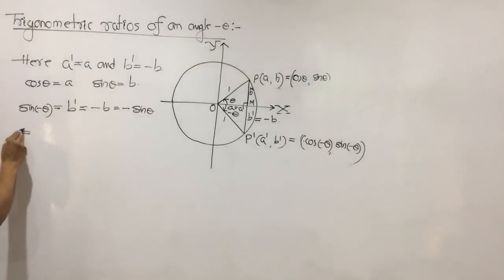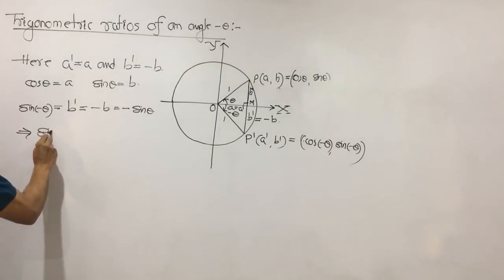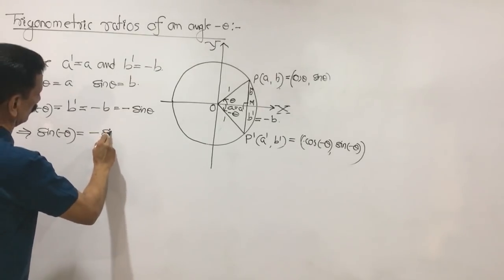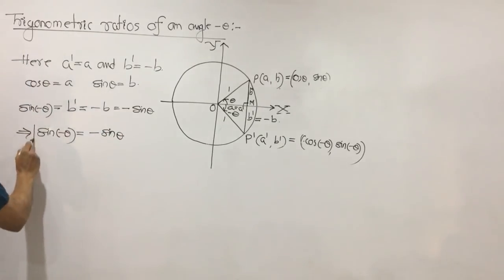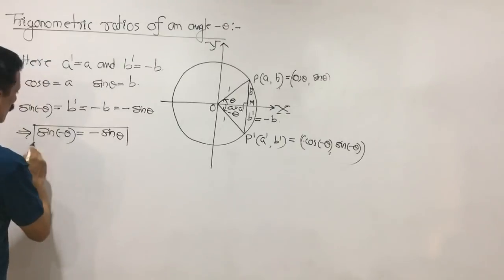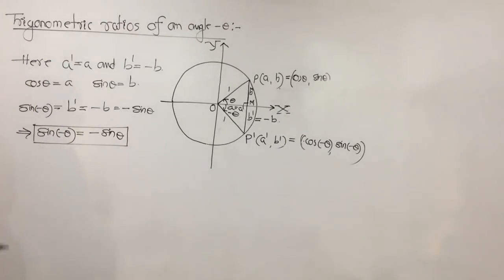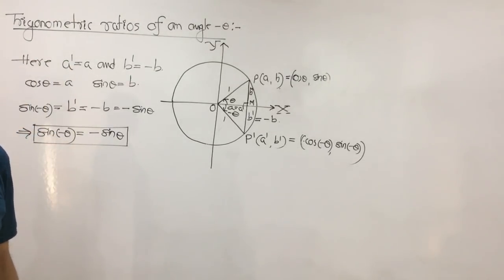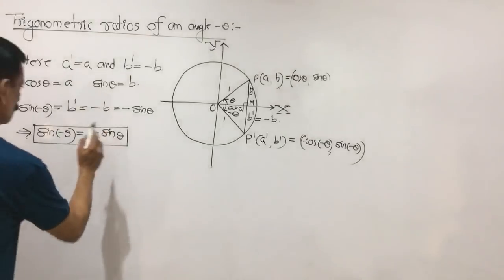This implies sine of minus theta is minus sin theta. Remember, very, very important. Sine of minus theta, where theta is positive, converts into minus sin theta.